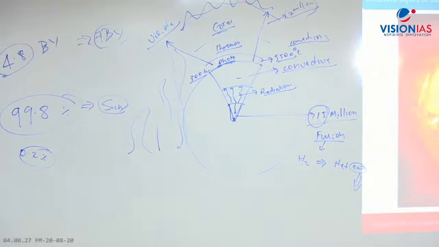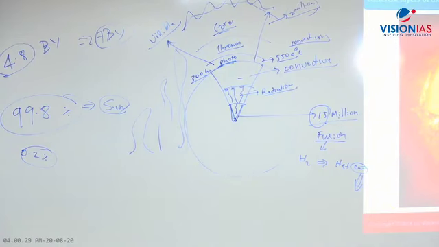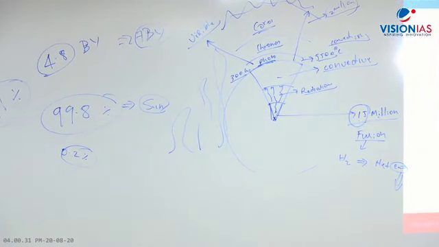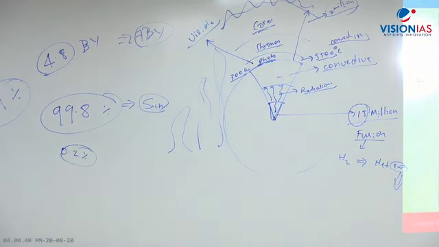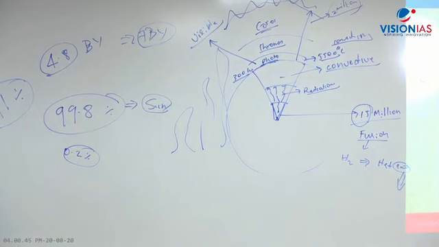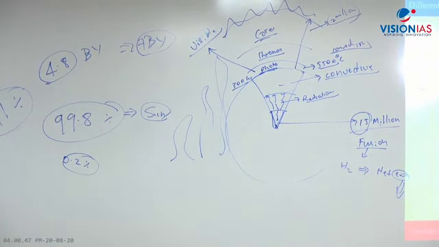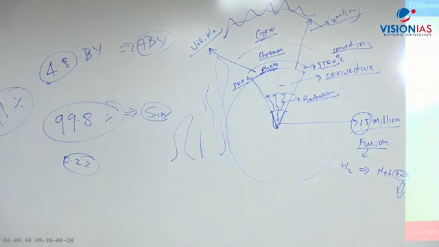It is the innermost layer with the highest temperature, up to 15 million degrees Celsius. Nuclear fusion reaction happens here.